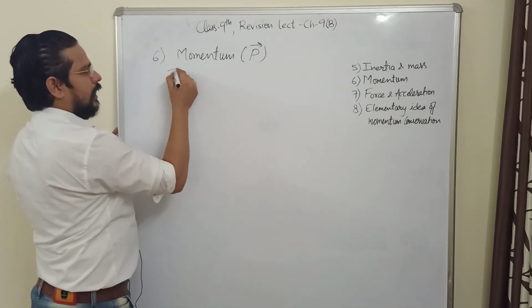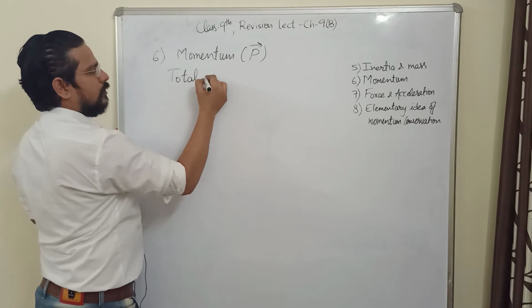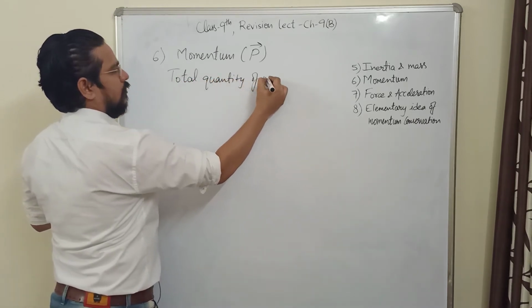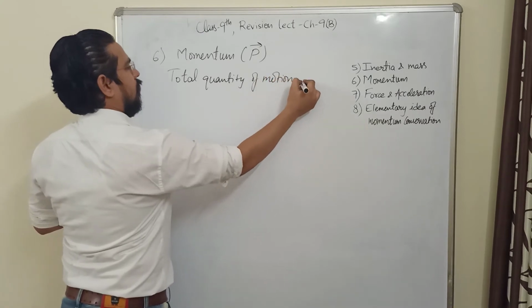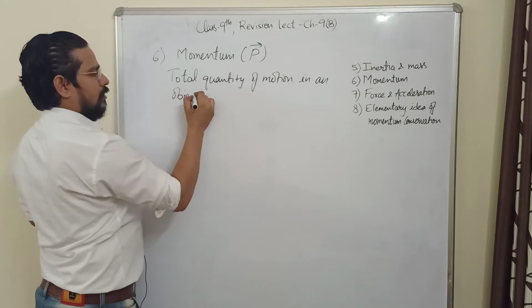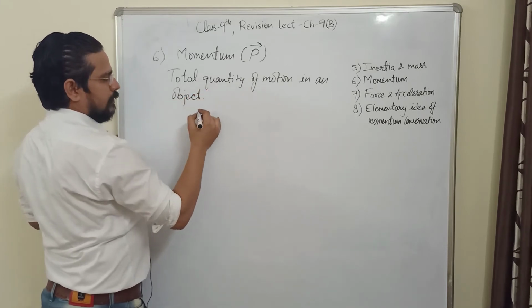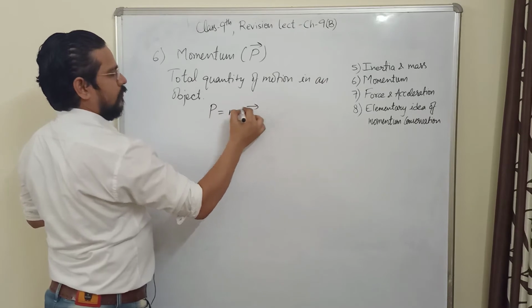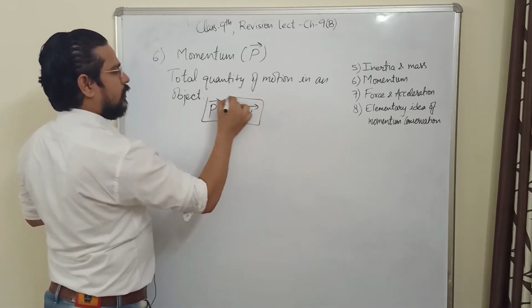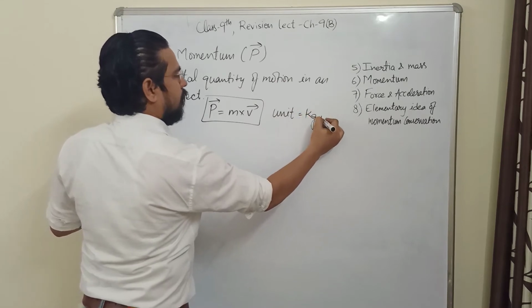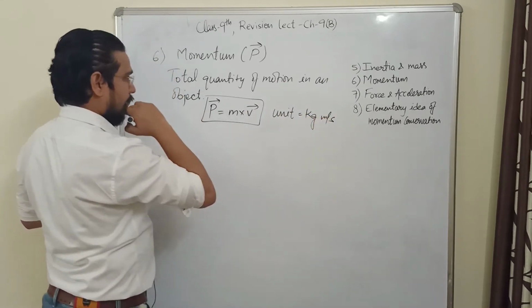It is defined as the total quantity of motion in an object, also defined as the product of mass into velocity. Its unit is kilogram meter per second.